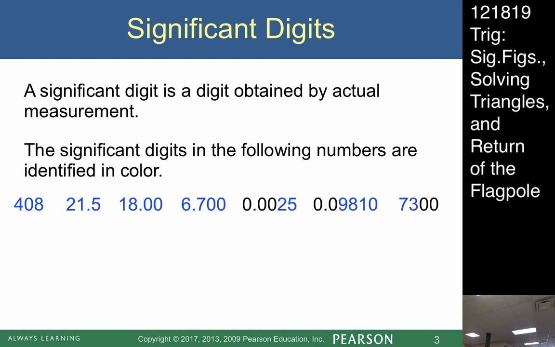Wait, why are the zeros after the decimal point? Because I could have just written 18, right? But I was able to measure, the thing I measured it with went out to the hundredths place. Does that make sense? Yeah, but it is just 18. It is, but it's exactly 18 and 0 hundredths, right?